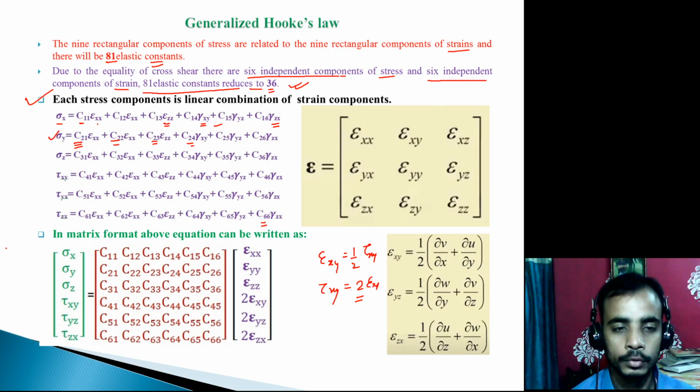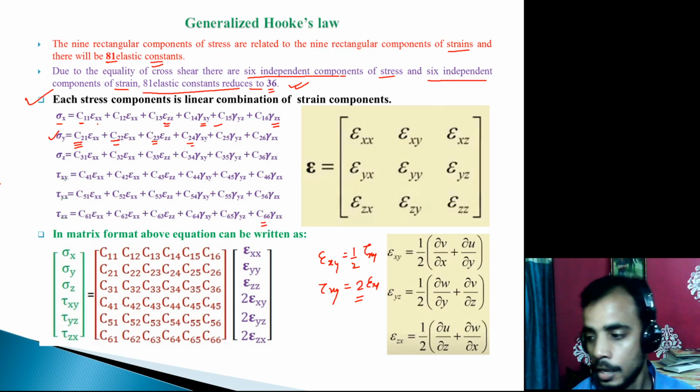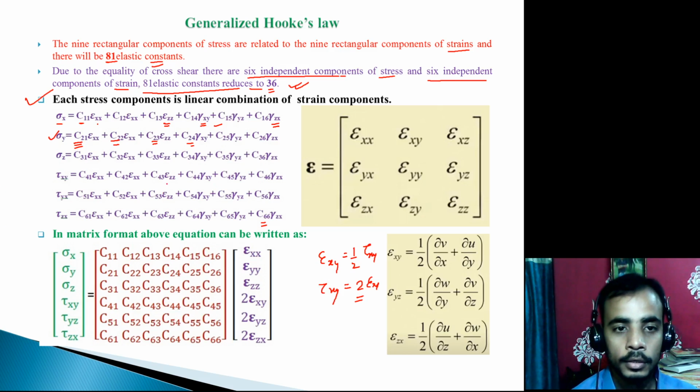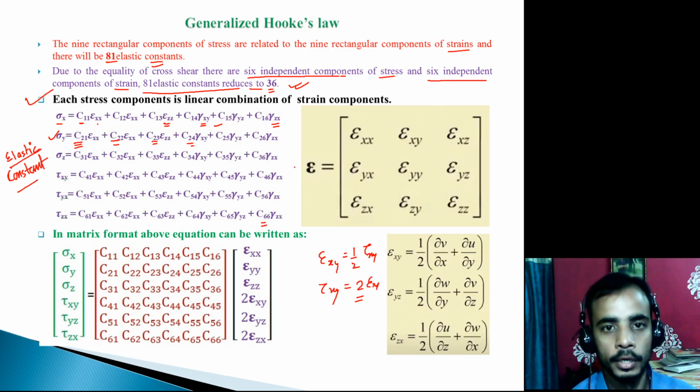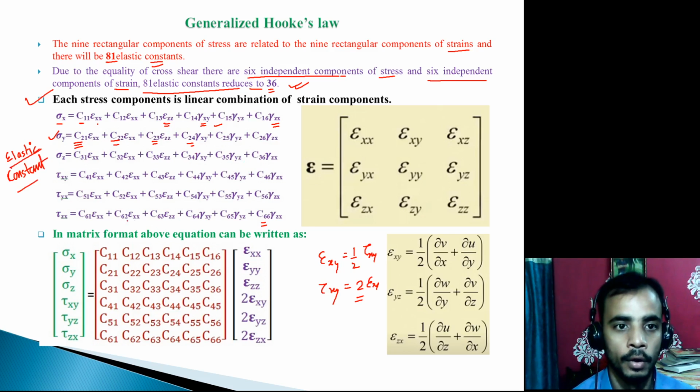Okay, so that means you have 36 independent elastic constants in general. So this is your generalized Hooke's law for any material.